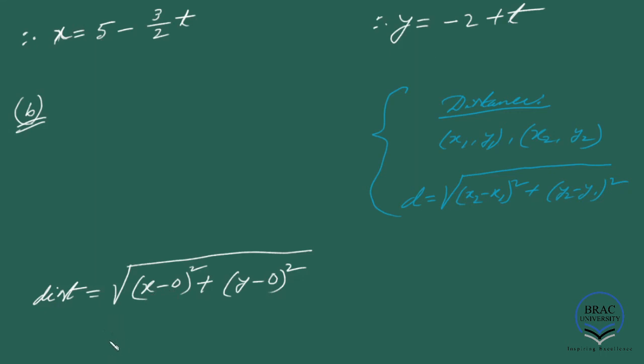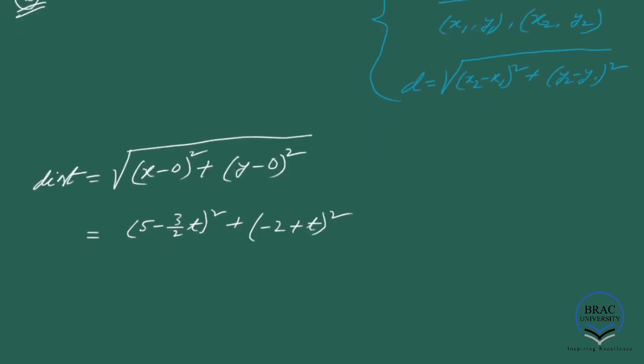So let's write Rupam's x coordinate, 5 minus 3 over 2 times t, whole thing squared, plus the y coordinate for Rupam, negative 2 plus t, whole squared, and the whole thing will be under the square root.